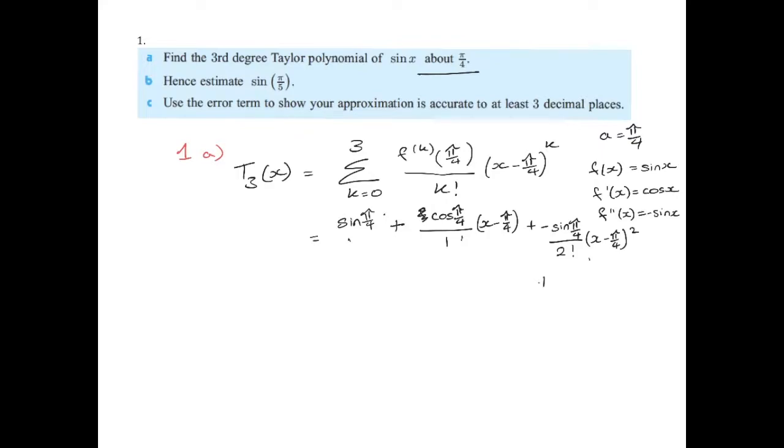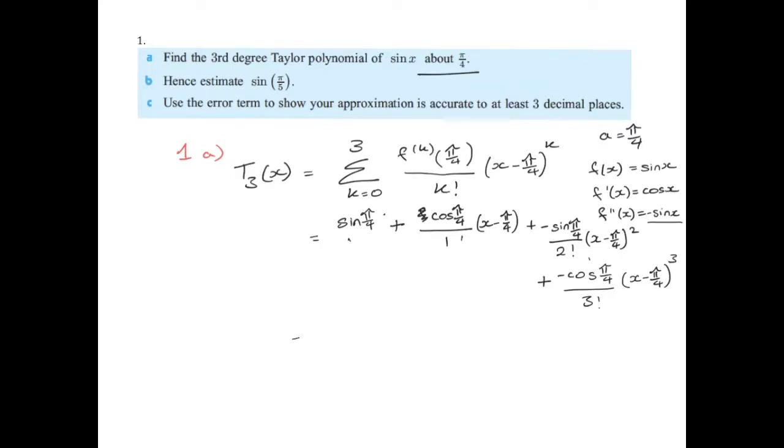I need to add one more term for k is 3. So I get the third derivative. What's the derivative of negative sine x? That's negative cos x. So it's negative cos of pi on 4 over 3 factorial times x minus pi on 4 cubed.